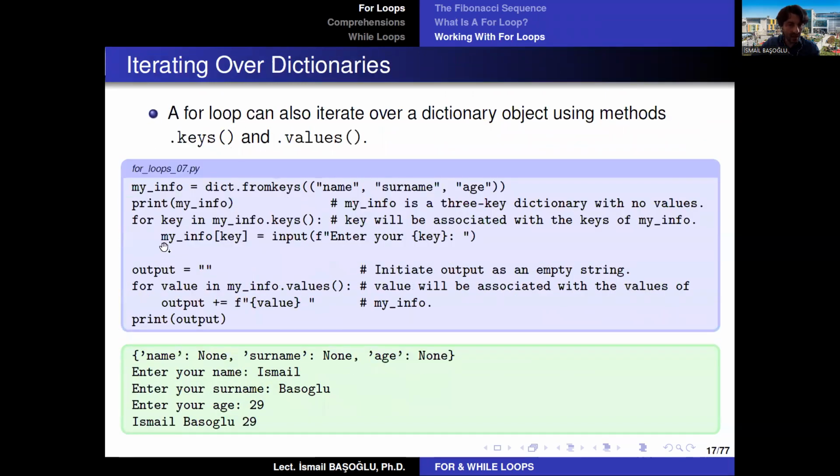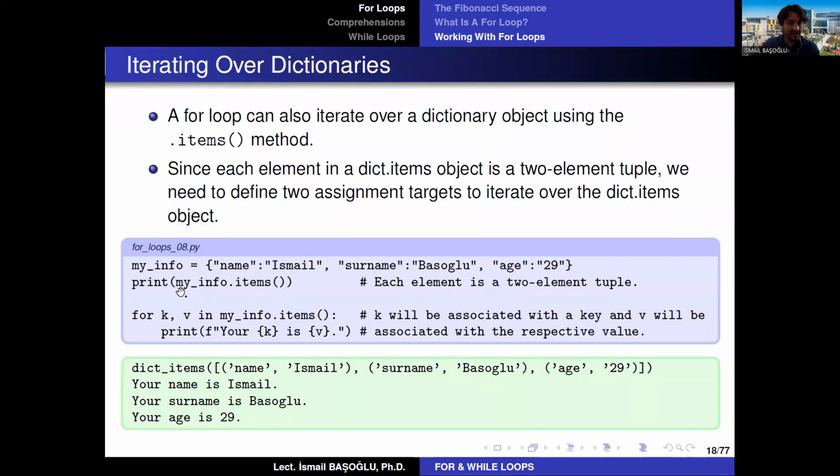Remember, we said that it is possible to iterate over the items object. When you apply the items method on a dictionary, you get 2-element tuples in each element of this tuple-like object.